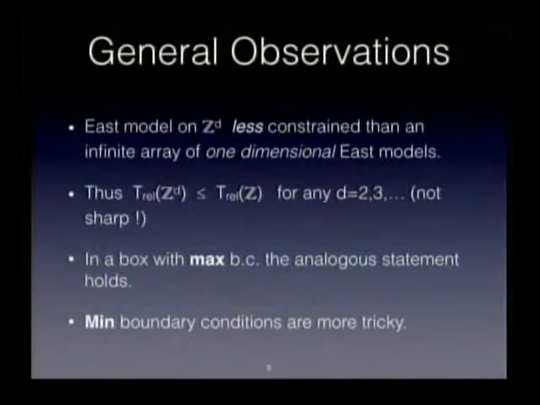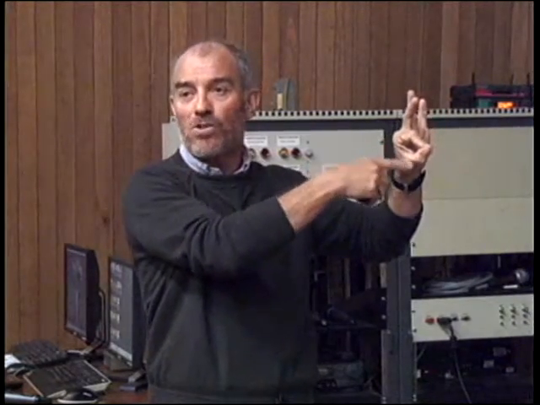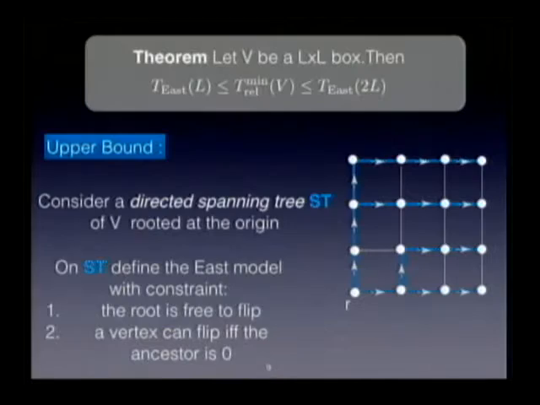Okay? Now, in a box with maximal boundary condition, namely on the left side and on the bottom side, you have all frozen zeros. Exactly the same statement holds. Minimal boundary conditions are more tricky because with minimal boundary condition, you have an unblocked vertex only at, say, the southernmost leftmost vertex, say the origin. Okay, so you have to argue a little bit differently.